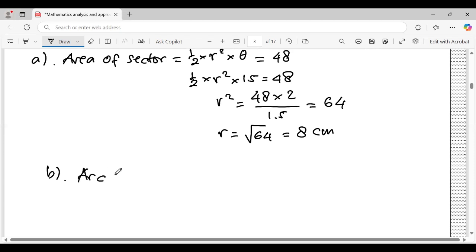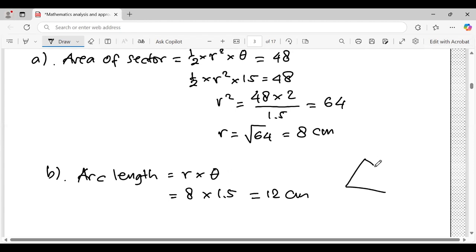How to calculate the arc length? The formula is radius multiplied by the angle. The angle in radians is 1.5. Radius is 8, so 8 multiplied by 1.5 is 12 centimeters. So in this sector, the arc length is 12, and the other two sides are 8 and 8.